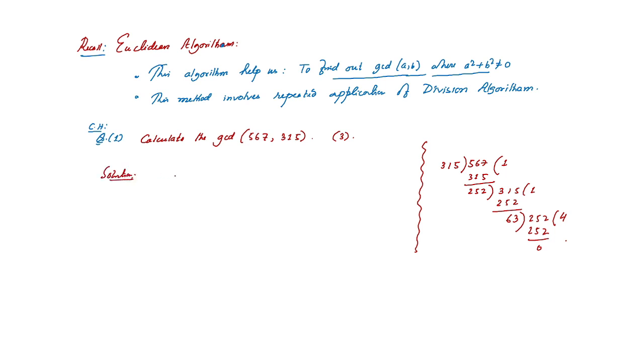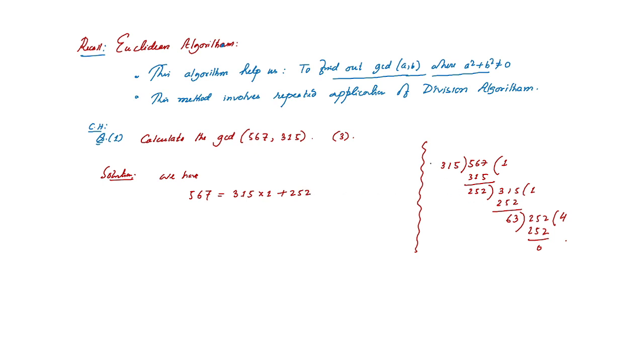How to solve? First we write 567 equals 315 multiplied by 1 plus 252.